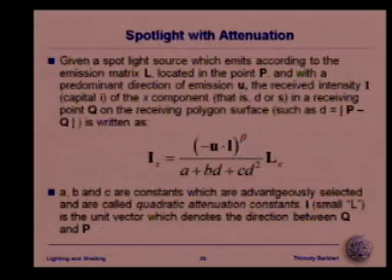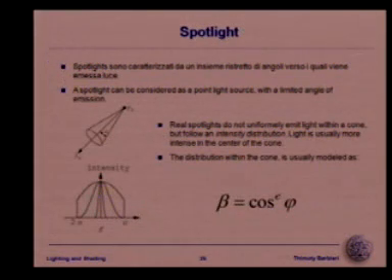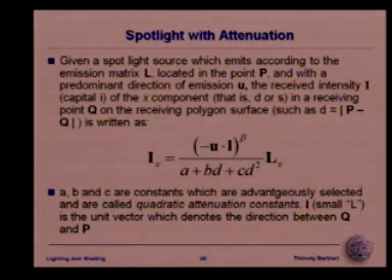Then we will use U as a direction of the cone, a direction vector which is called U. And small l is the direction between Q, the position of the light source, and P, which is the point in which you are considering the illumination.